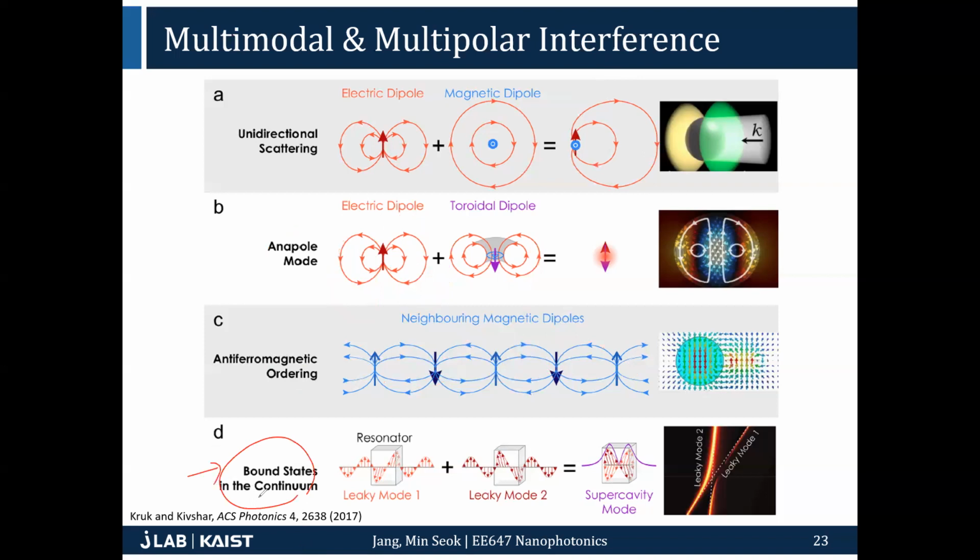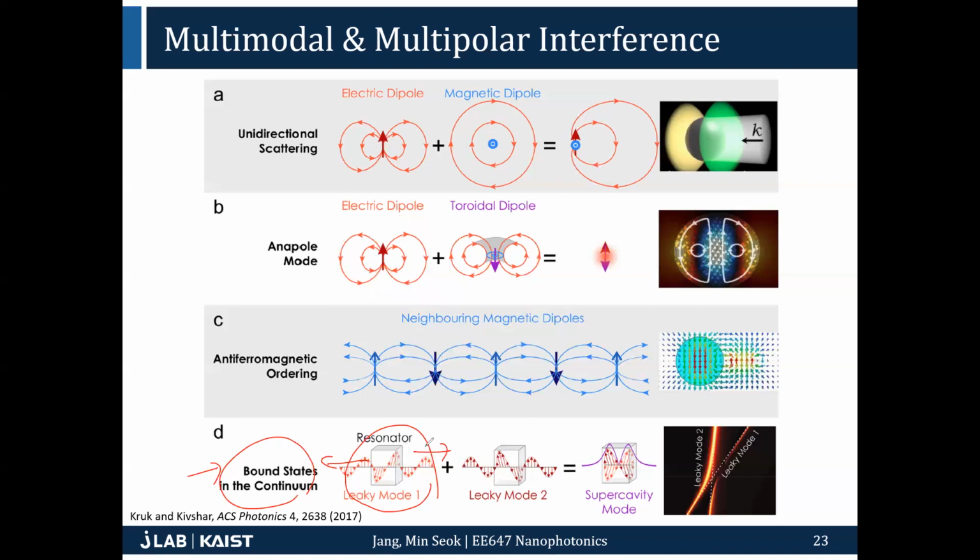And there's another thing which is called bound states in the continuum. This topic has also been raised very recently. What this is like is this: you have a continuum mode. What I mean by continuum mode is a freely propagating mode.